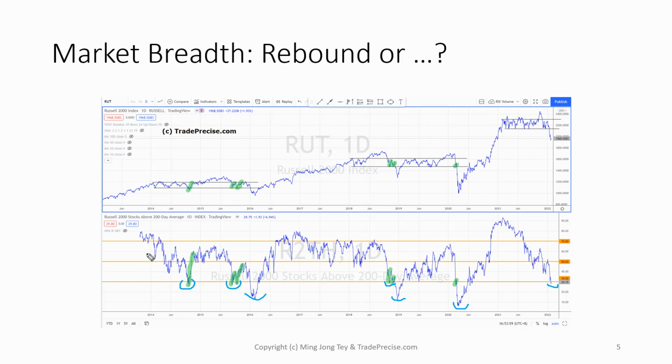I think we should just discount 2014, because 2014 actually managed to climb above the 50% level. That actually saved the market. So it violated the bearish scenario.